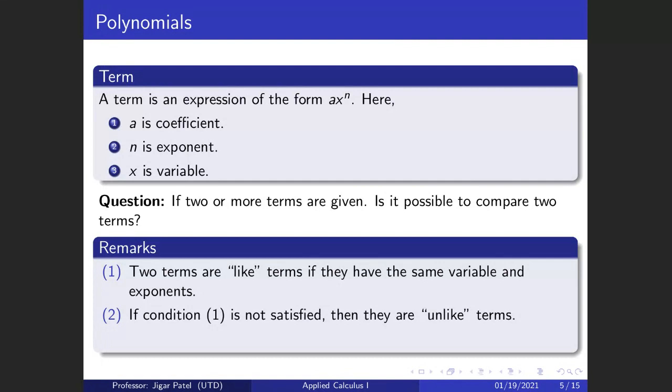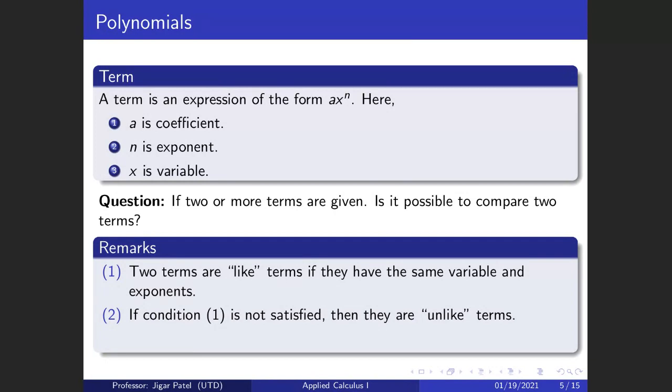Two like terms can be simplified further in terms of their addition and subtraction. Again, a very crucial remark: like terms can be simplified further in terms of their addition and subtraction. For example, if I give you two numbers, 2 and 5, and ask you to add them, 2 plus 5 is 7. We can simplify two numbers.